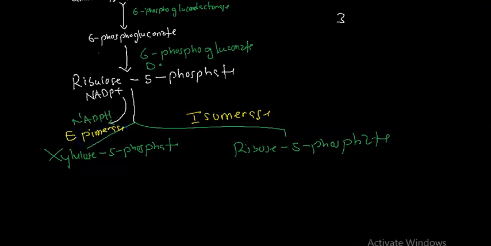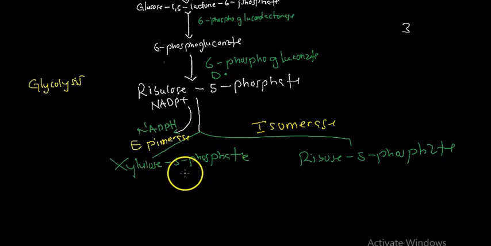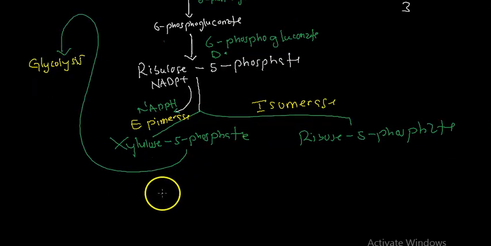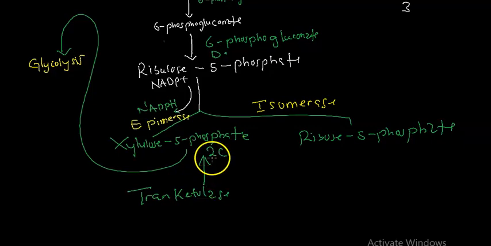Notice that the xylulose 5-phosphate which you have here can now be redirected back into glycolysis. Here we're going to have our transketolase, and this acts by transferring 2-carbon units from the xylulose 5-phosphate.